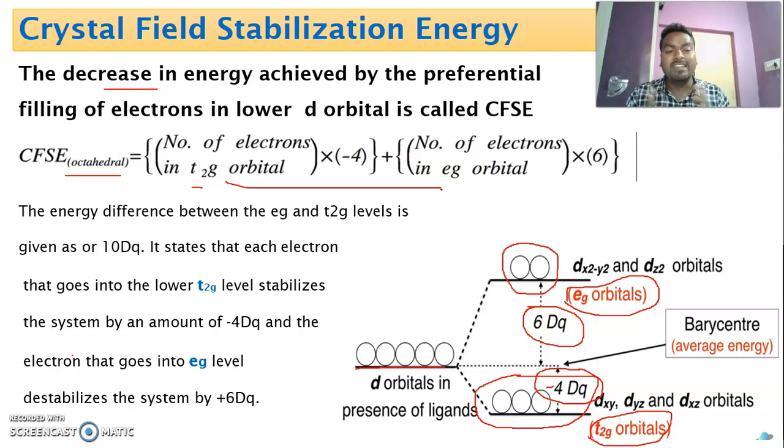We studied that there are two types of ligand, strong ligand and weak ligand. The strong ligand forces the unpaired electrons to pair up, going against Hund's rule.